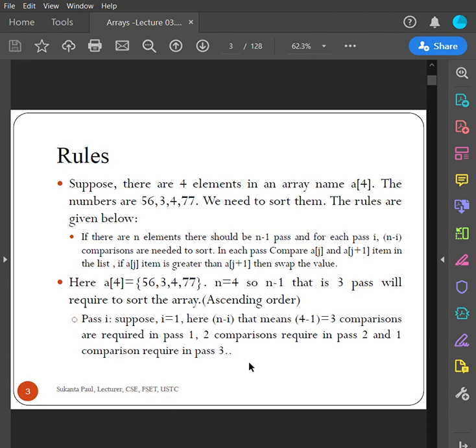That's why in the first pass there should be 4 minus 1, that means 3 comparisons. In pass 2 there should be 4 minus 2, that means 2 comparisons, and in pass 3 there should be only 4 minus 3, that means 1 comparison required to sort it in ascending or descending order.